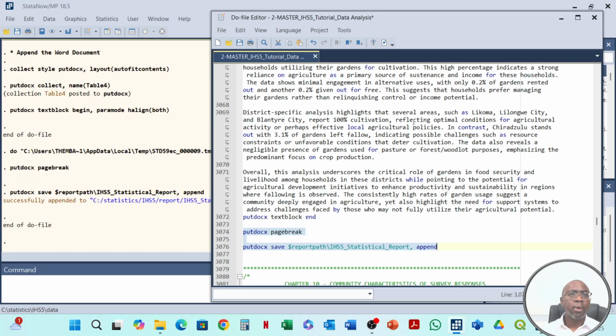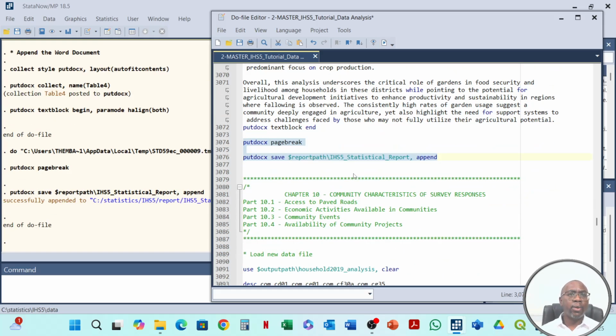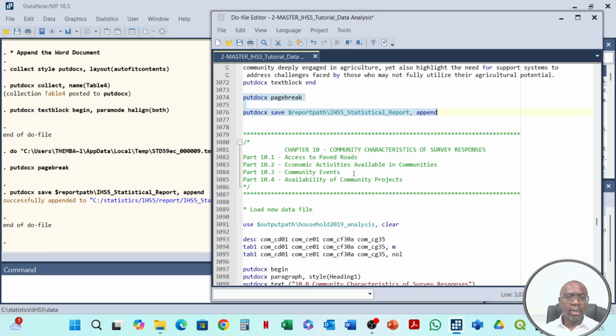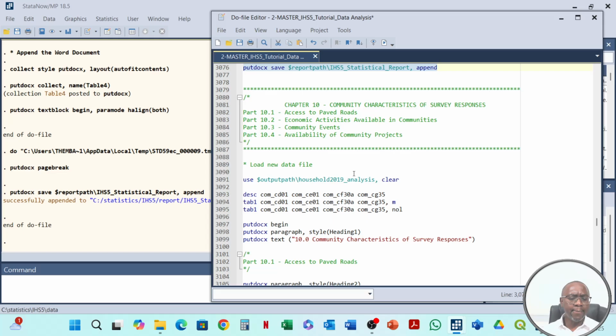Then next, what we do is, looking at chapter 10. Now, chapter 10 also looks at community variables. These are also important because you need to understand what are some of the aspects of the community that the household also benefits from. So we're going to look at access to paved roads.